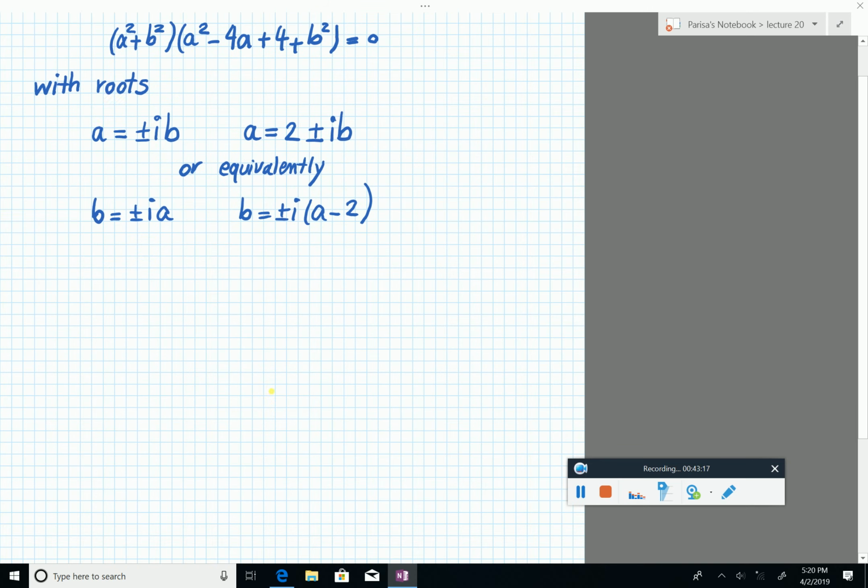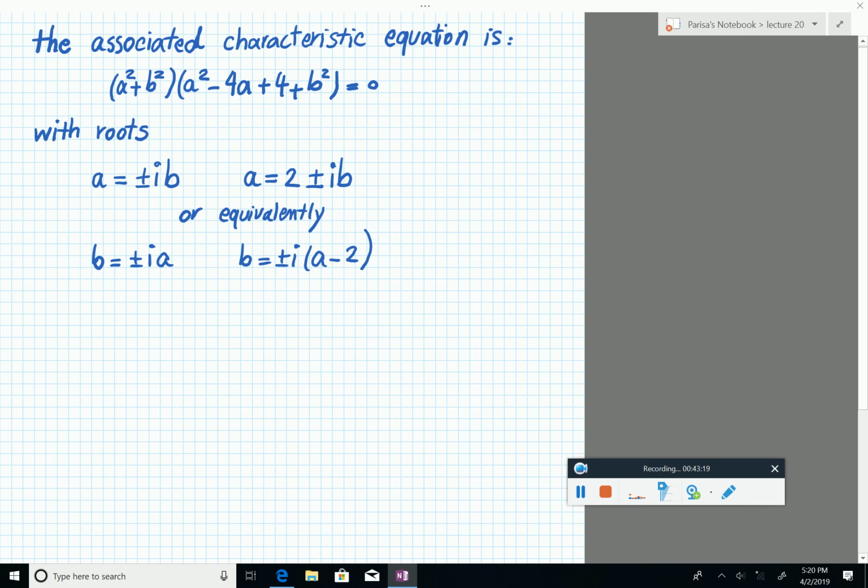So now we have something to look at. So let's look at the structure of this solution. So let's look back at the solution that we assumed.